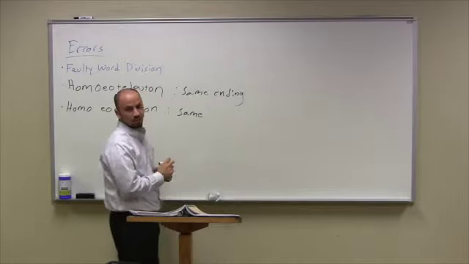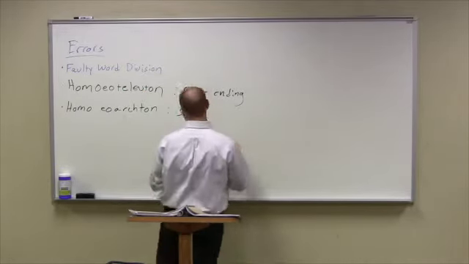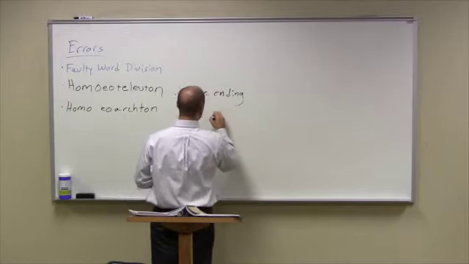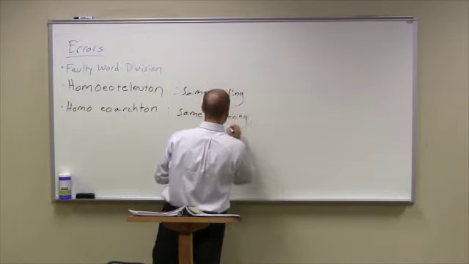Archo is to begin or to rule, or arche is the beginning. N-arche, same beginning. So we have words that begin the same or words that end the same with another piece in the text that looks the same.